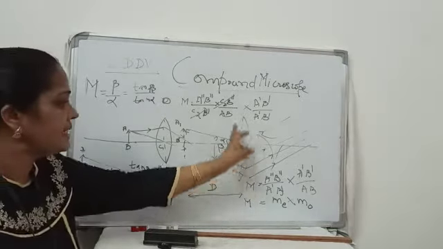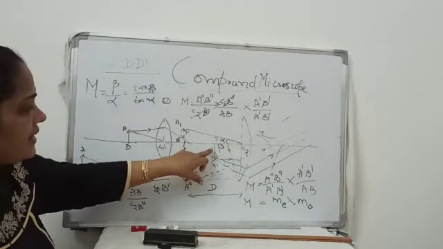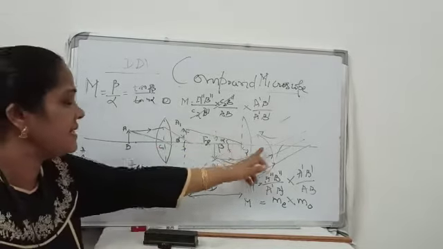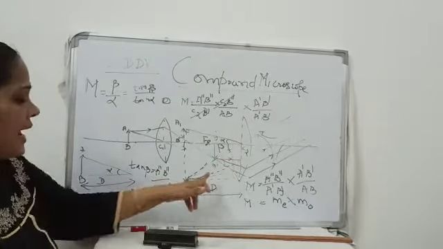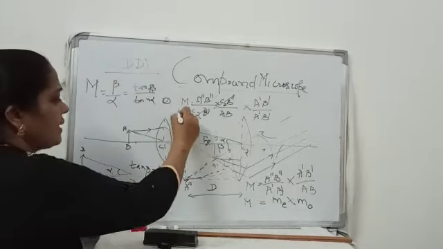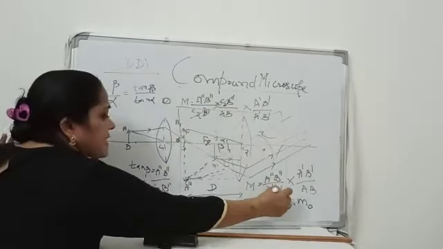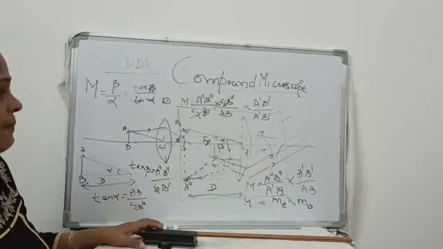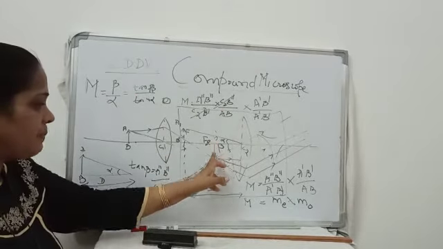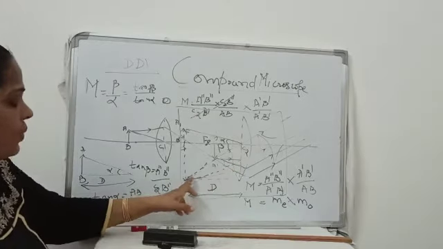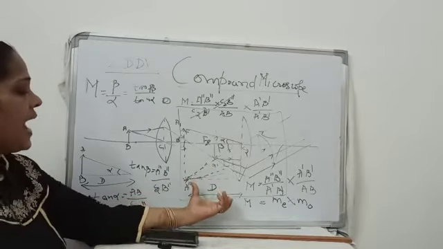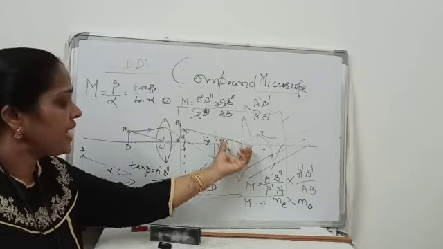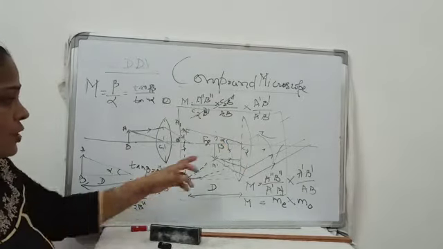When you consider this lens, you saw that the object is placed within the focus of this eye lens. Then only you get a virtual image. Now, when you consider this whole figure as such, it is similar to the magnification produced by a simple microscope. See, the object is placed within the focus. You get a virtual enlarged image at least distance of distinct vision, which is nothing but the magnification produced by a simple microscope.